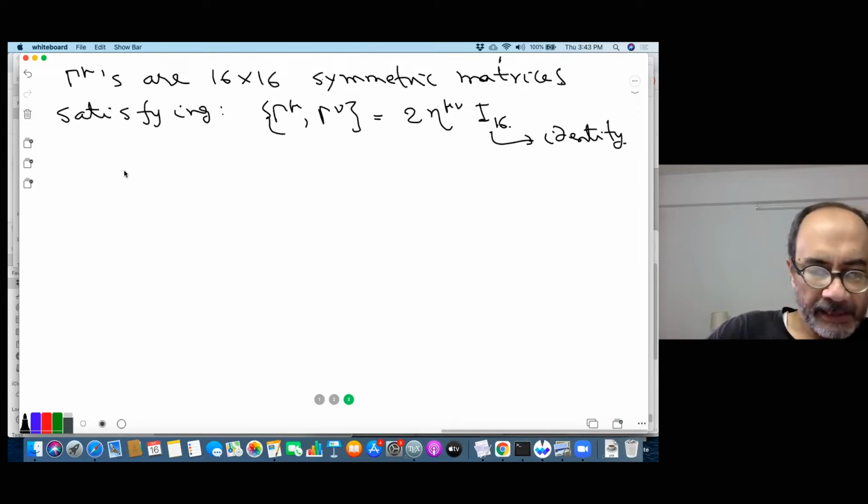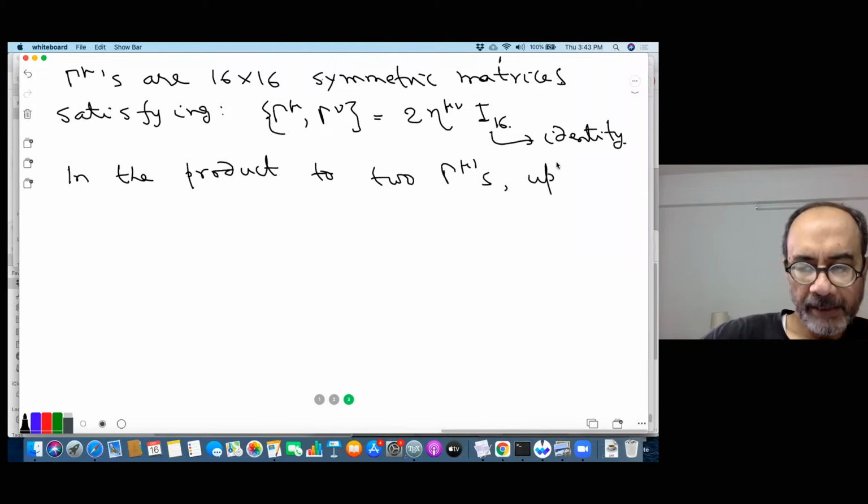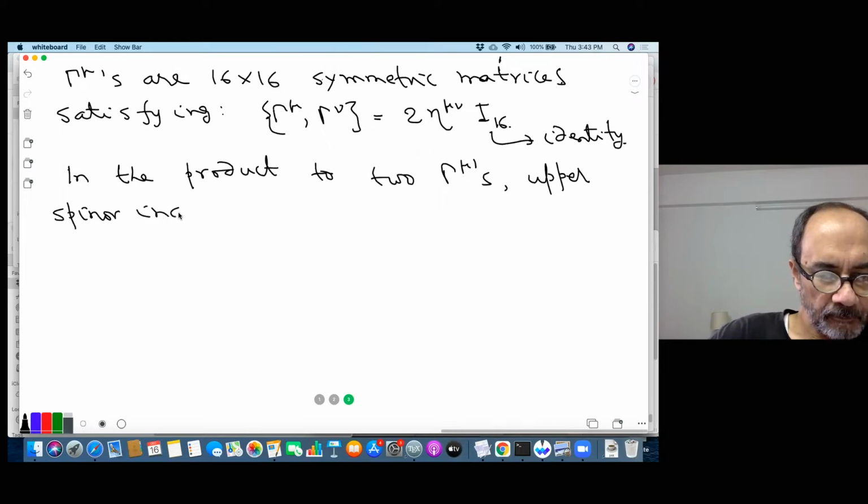The only subtle point that you have to remember is that in the product of two gamma matrices, two gamma mu's, the upper spinor index is contracted with the lower spinor index.